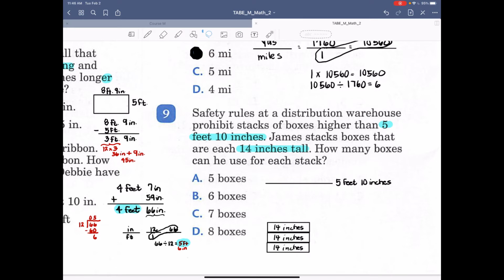Well, the first thing that jumps out at me is that 5 feet. I really, really want that to be in inches, because if you notice, this is in inches and these are in inches. So I want to get everything in terms of inches. So let's go ahead and do the conversion. I'm going to say 5 feet. That's 5 times 12 inches per foot. That is 60.